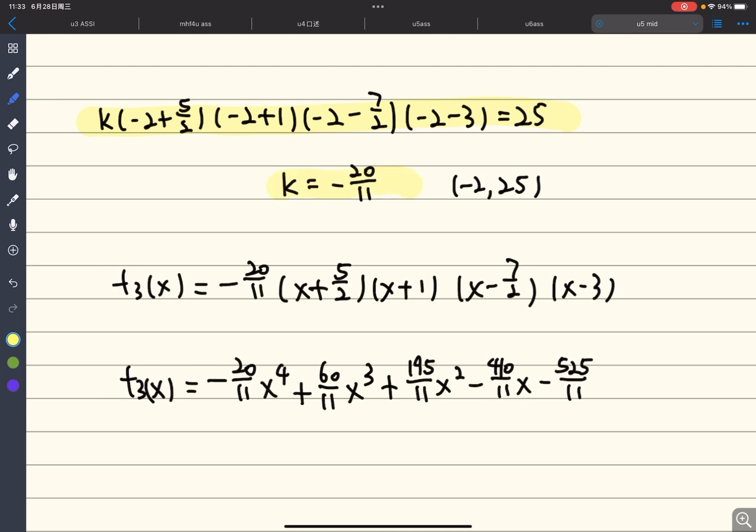Therefore, the equation for the member of the family whose graph passes through the point (-2, 25) is f3(x). By expanding this function, we can get this.